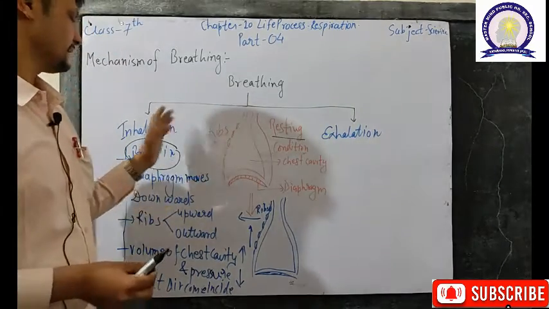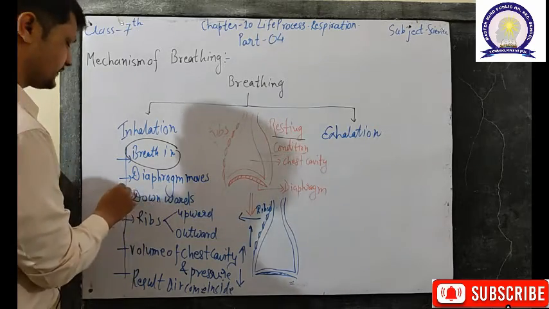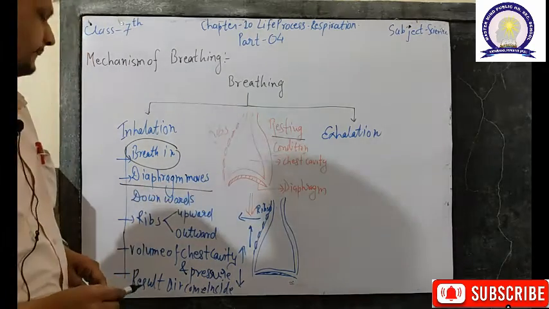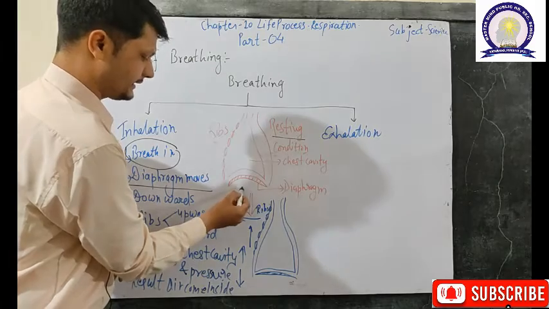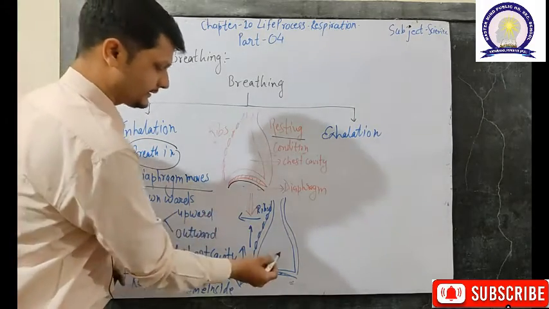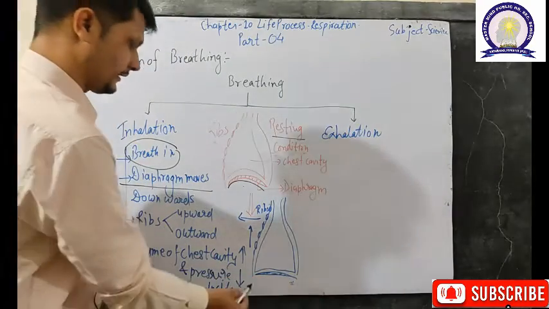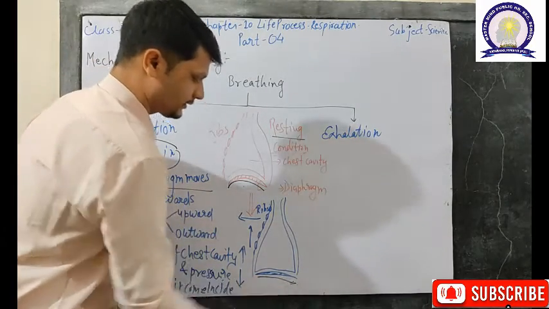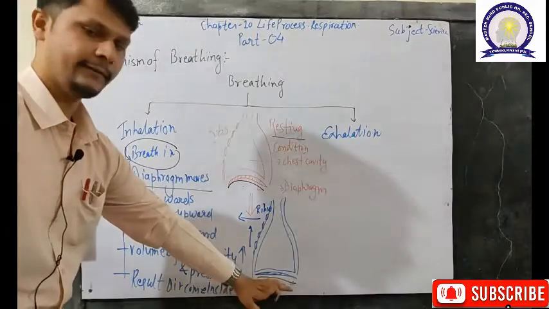Now when inhalation occurs, the first thing that happens is that the diaphragm moves downward. Here you can see in the resting condition the diaphragm is almost dome shaped, but when inhalation is occurring, the diaphragm is almost flat.